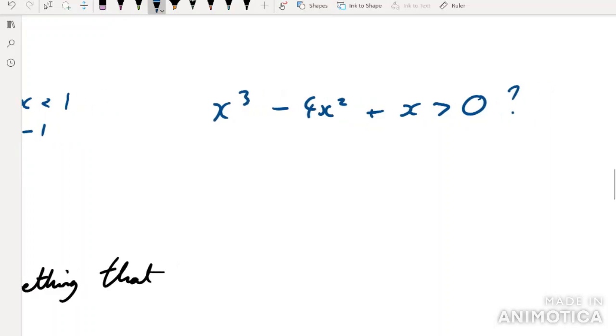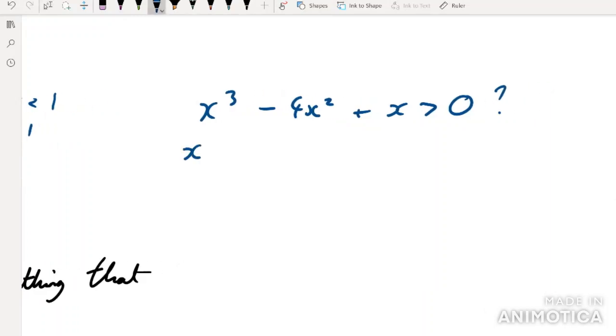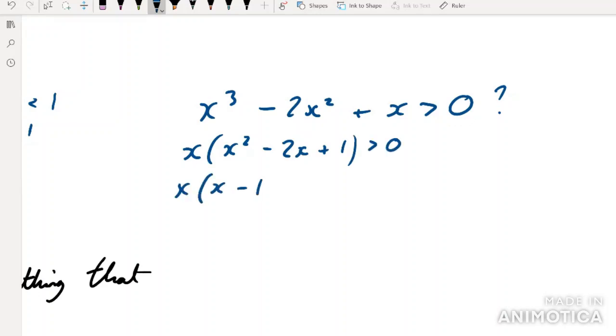Well, simply factorize that. I want to actually pick something slightly nicer. I'm going to do this. Okay, x squared minus 2x plus 1 greater than 0. Factorize again: x minus 1 squared greater than 0, question mark.